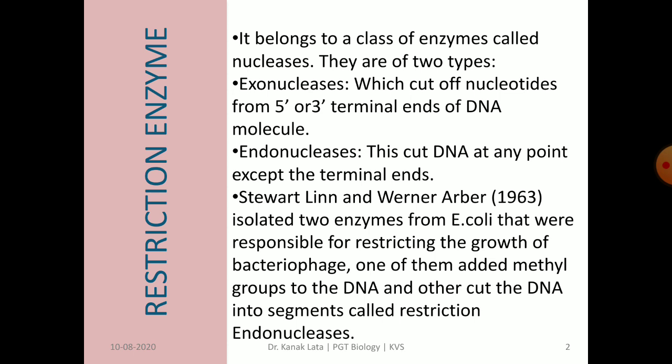Out of these two enzymes, one was responsible for adding methyl groups to DNA and the other enzyme was responsible for cutting or splicing the DNA molecules, and this enzyme is called restriction endonuclease.